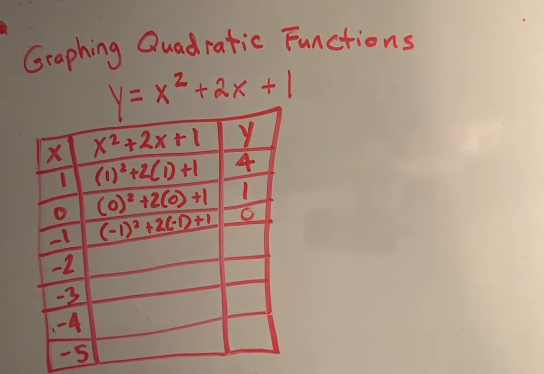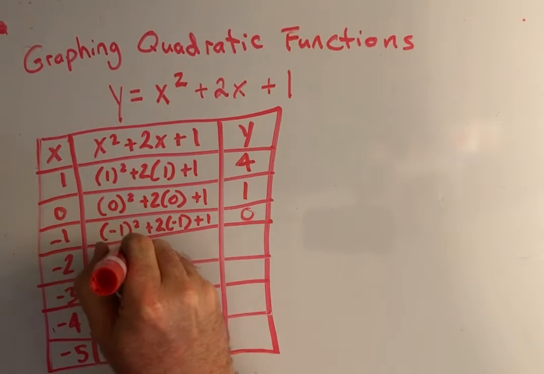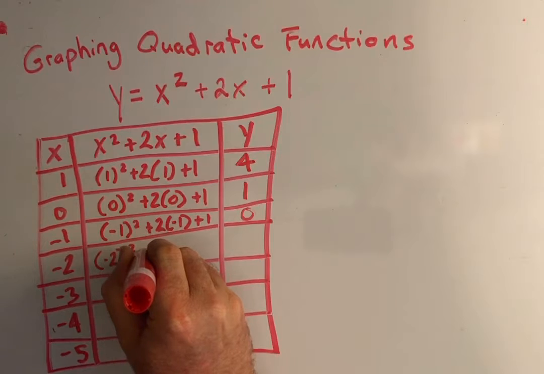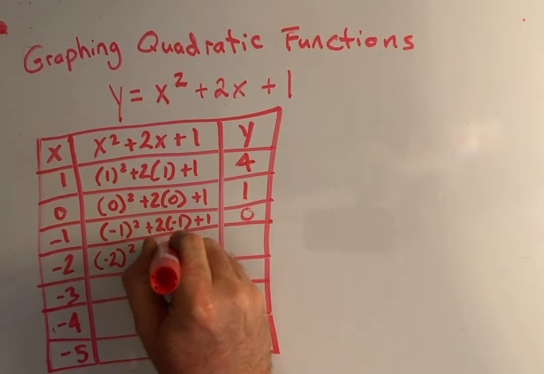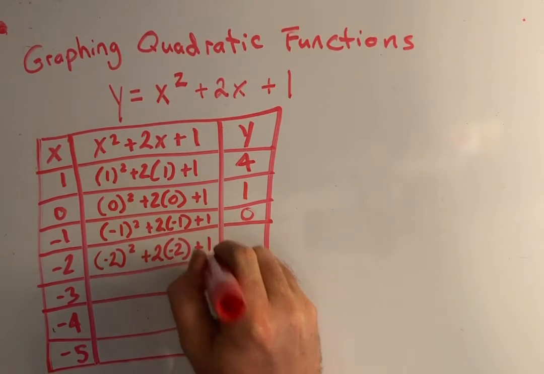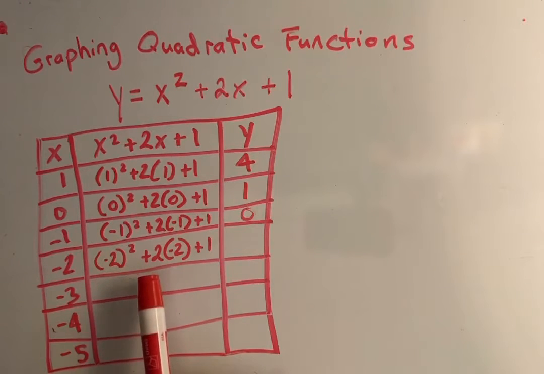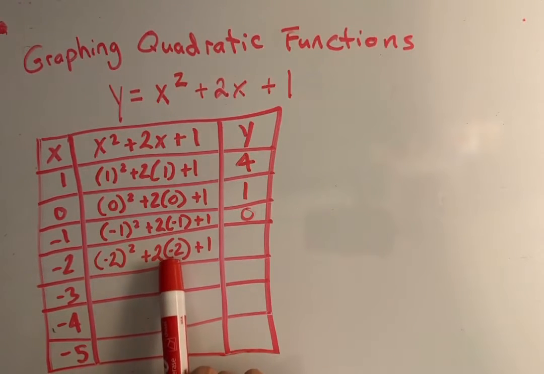All right. Now we have -2. Let's plug in -2. -2 squared plus 2 times -2 plus 1. So here we have -2 squared. So it's -2 times -2. That's 4. 4 plus 2 times -2, well, that's going to be -4.